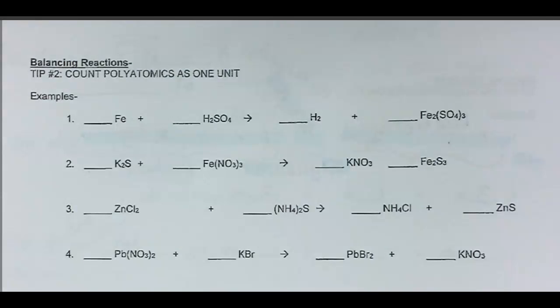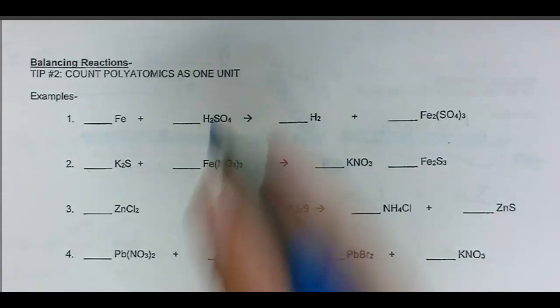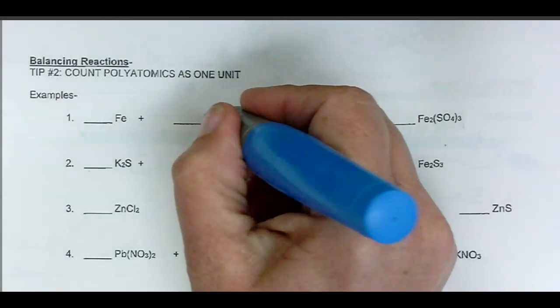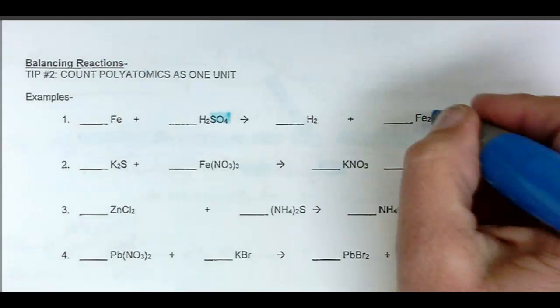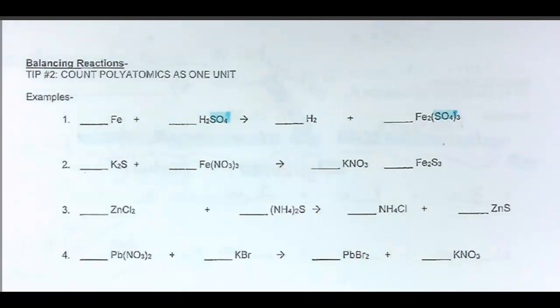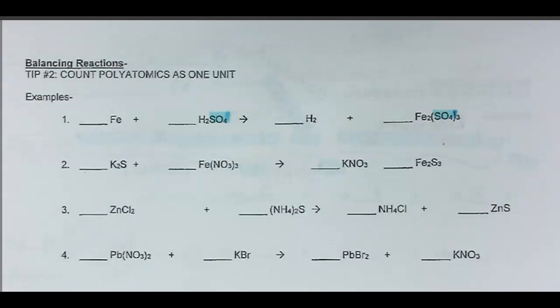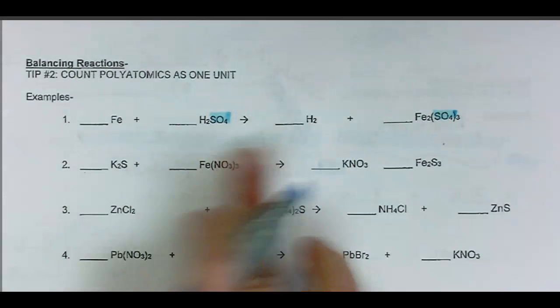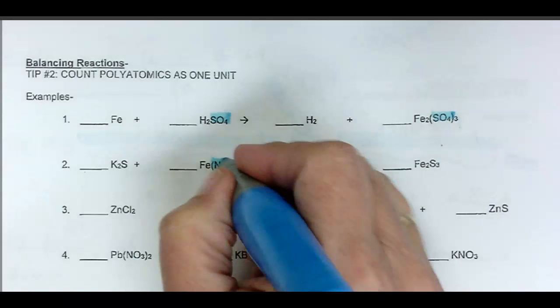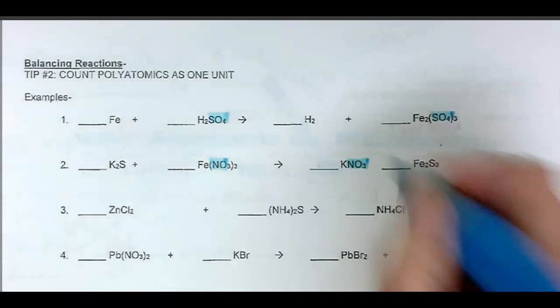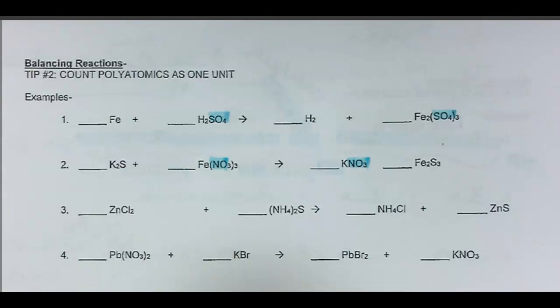Now, how do we know when we want to use the polyatomic as one unit? When you see the polyatomic on both sides in its polyatomic form, so if you notice that you've got SO4s here and there, here's NO3s where they're still in exactly the same form.